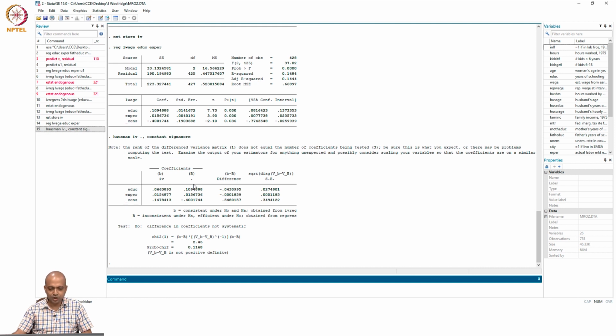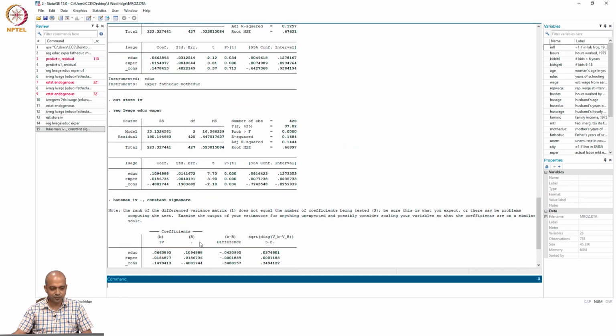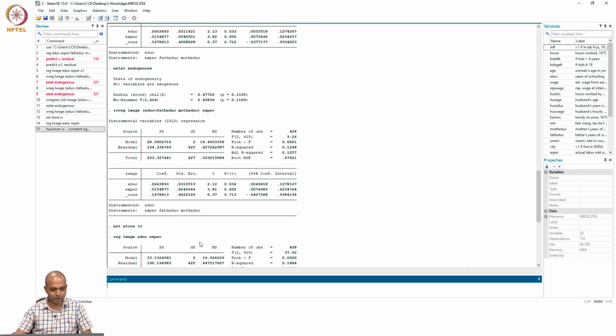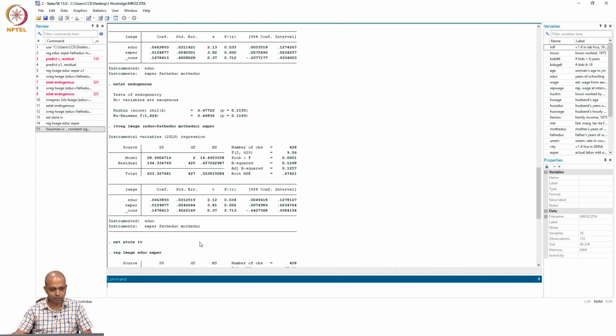Okay. So, in our result, this beta hat C and beta hat E, stata is denoting as B and capital B, and then they are taking this, and ultimately they are arriving at this chi-square value, which is 2.46, right. And if we look at the estat endogenous, the same thing, 2.46.